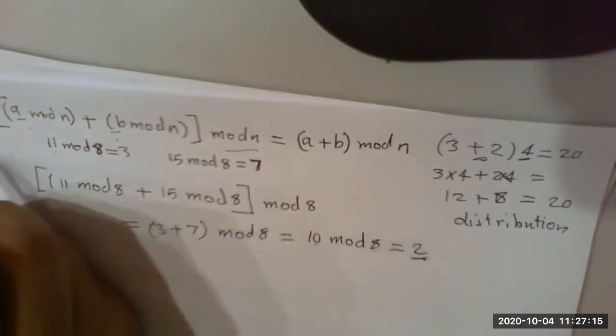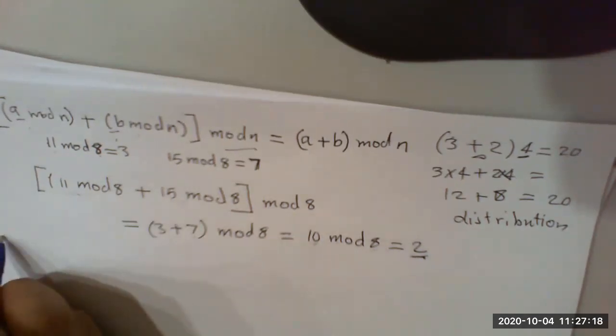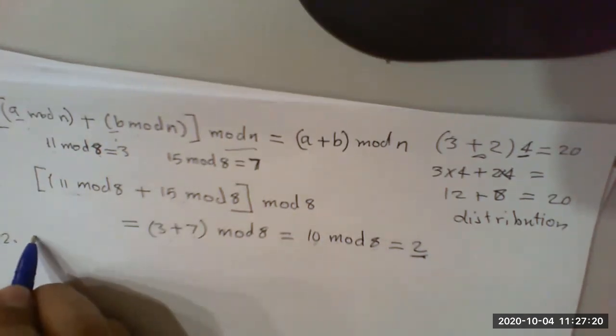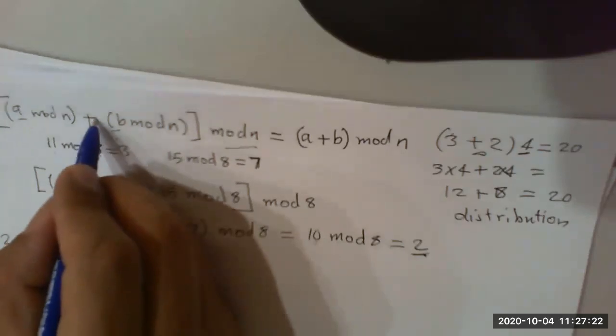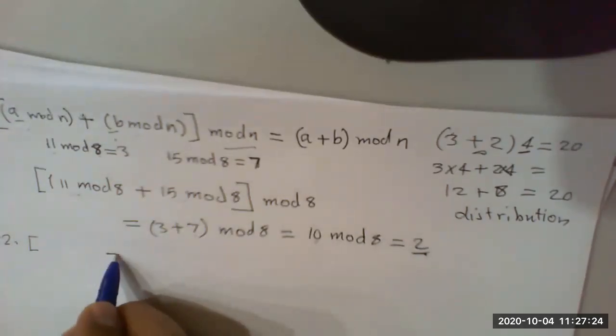Okay, I can have other properties. The second one: you can have the same property for minus.